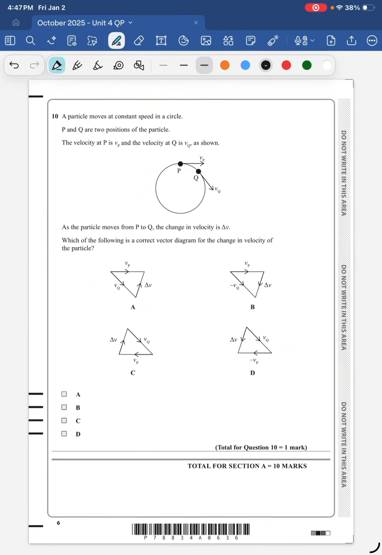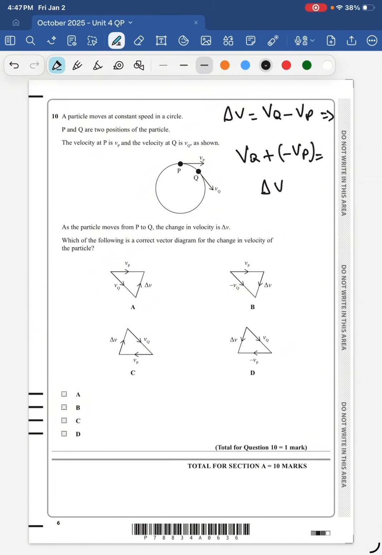Okay, so delta V is going to be Vq minus Vp, right? So we can write this as Vq plus minus Vp equals delta V. So let's go check these diagrams and see.